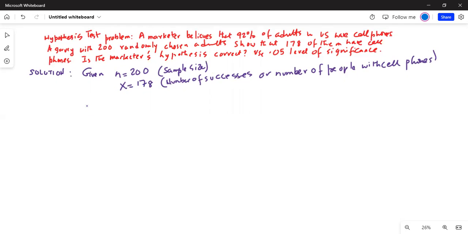Now, our null hypothesis H0 is P is equal to 0.92. This is P, the population proportion.